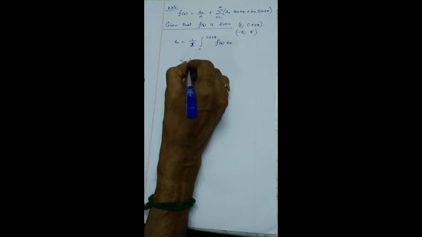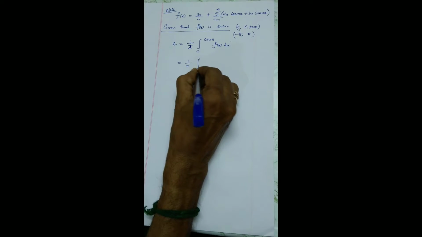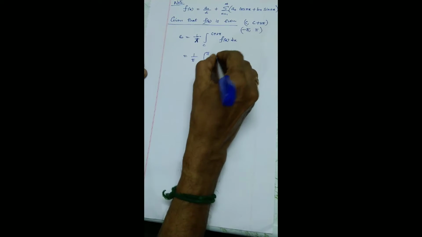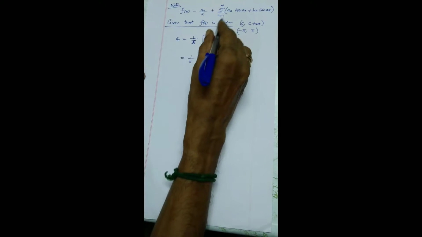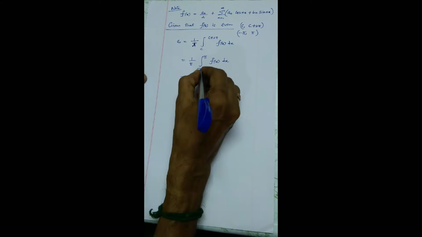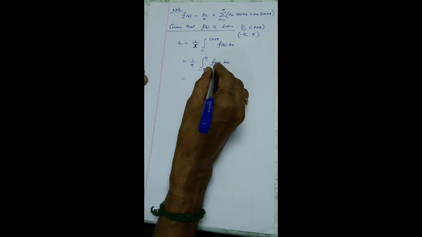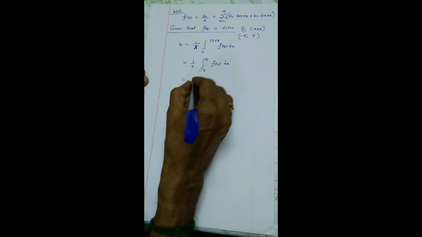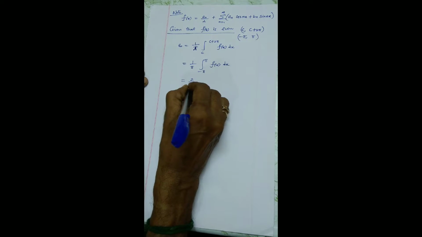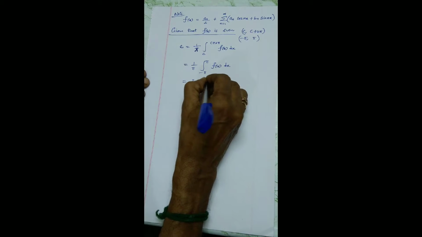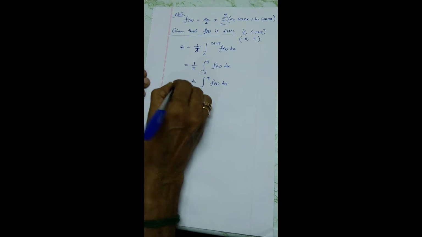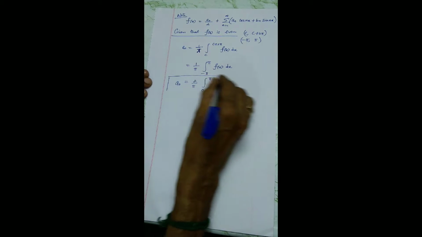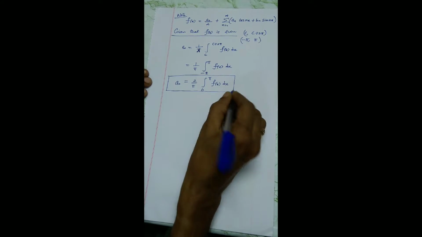Now I substitute 1 by pi, integral from minus pi to pi of f of x dx. If the function is even, according to the property of integral from minus a to a of f of x dx, then you know it is 2 by pi of the positive range. So this is my a naught, if my function is even.